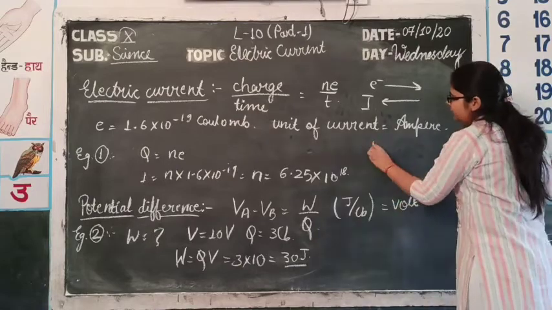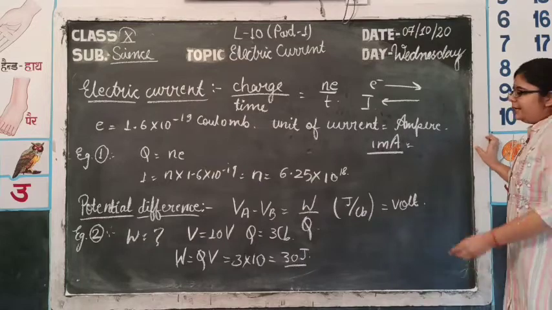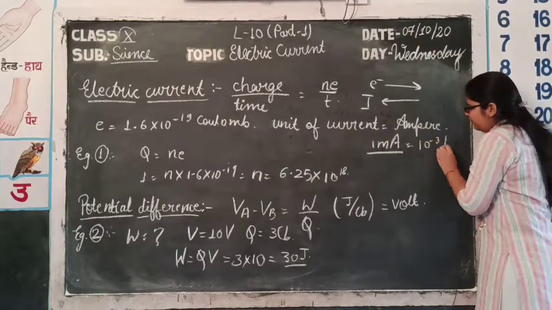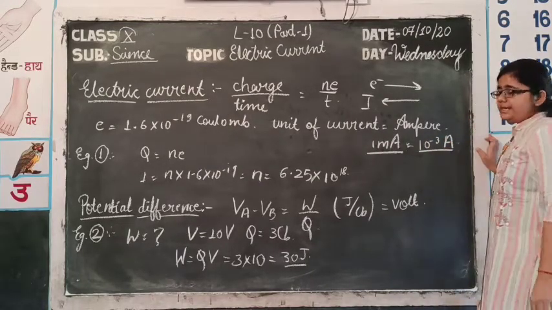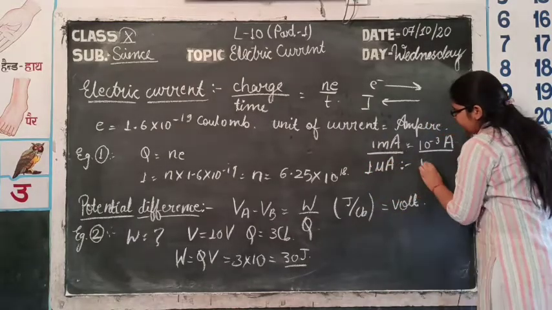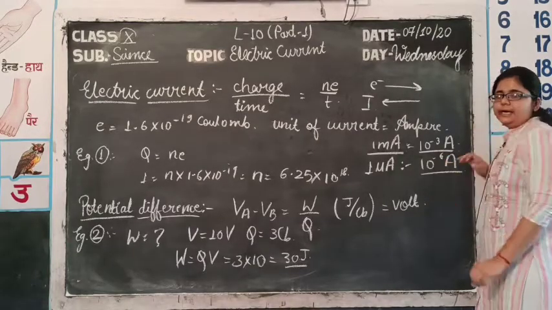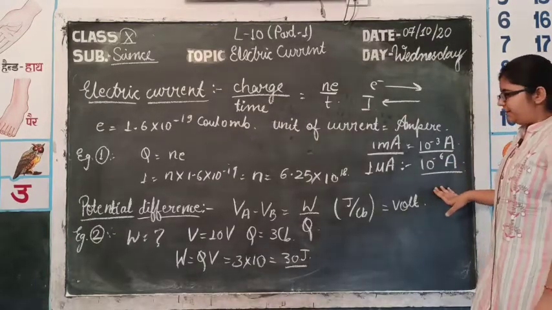There are some smaller units of ampere. First of all, milliampere, which is 10 to the power minus 3 ampere. Second, the even smaller one is 1 microampere. This is smaller than the milliampere and it is 10 to the power minus 6 ampere.